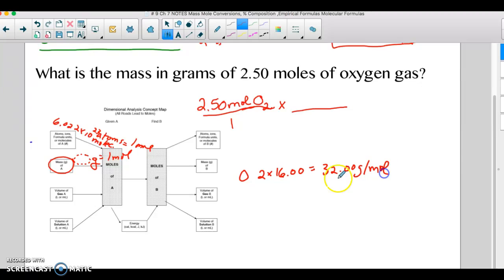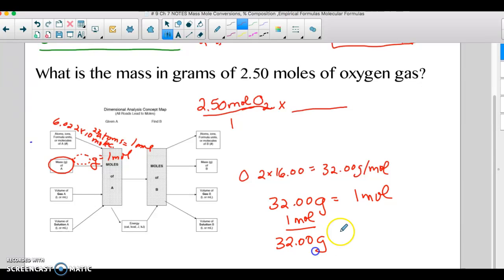And if you remember, we can take that 32 grams and think of it as an equality. And then we can write it as 1 mole over 32 grams or 32 over 1 mole. So because we're trying to cancel the mole here, we're going to use this one.